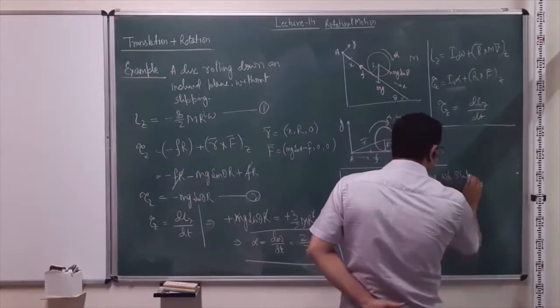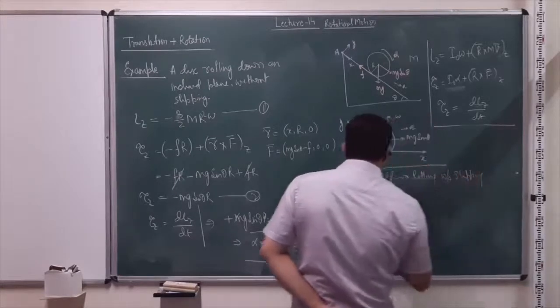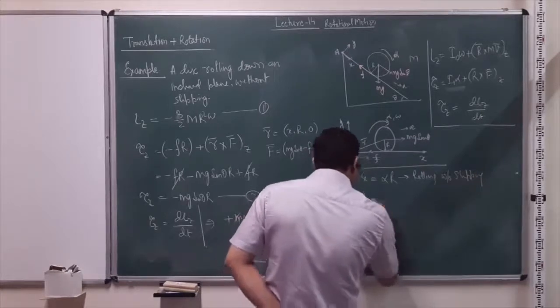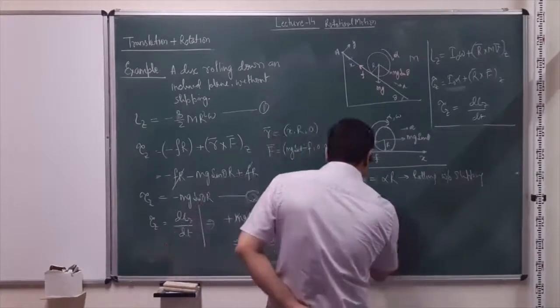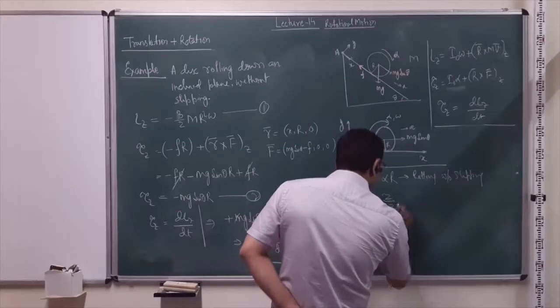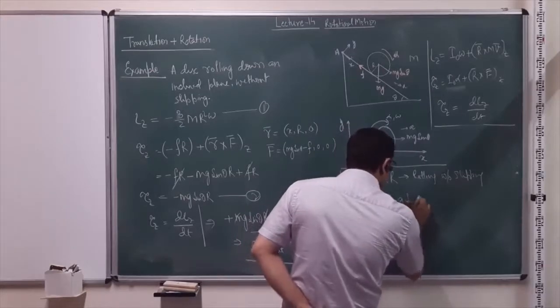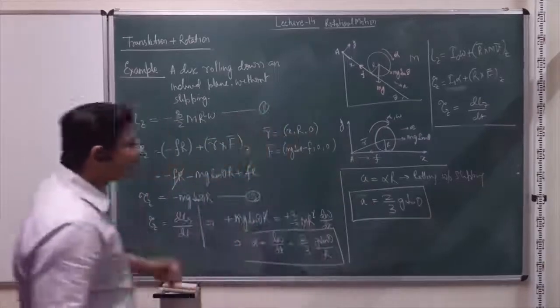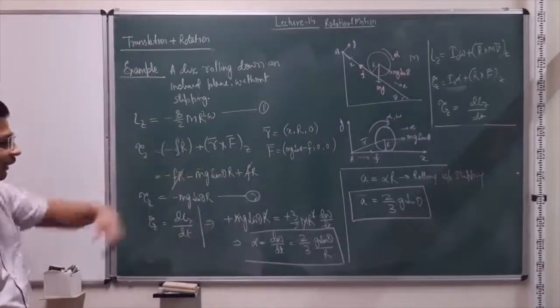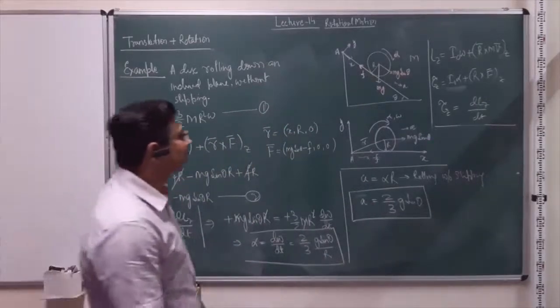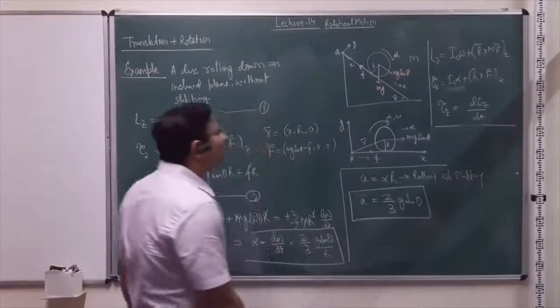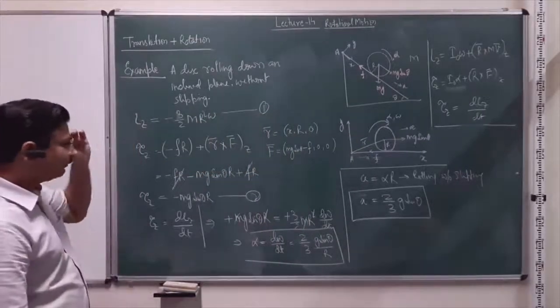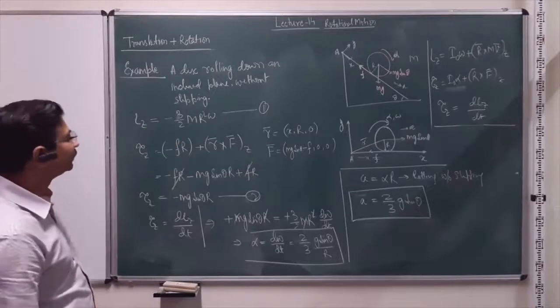Since I know alpha, I can find my acceleration, which will be 2 by 3 g sin theta. This way we can apply these equations and solve for different physical quantities for a given object under given conditions. Okay.